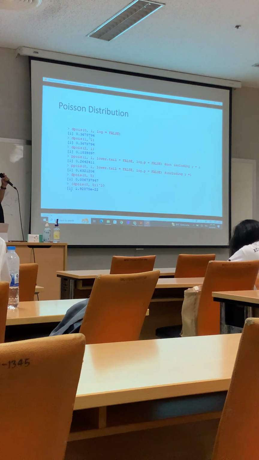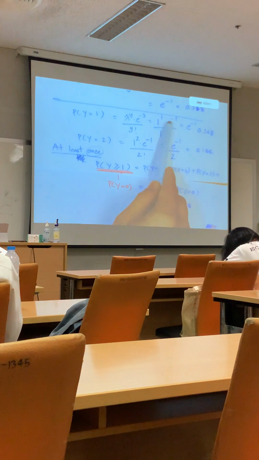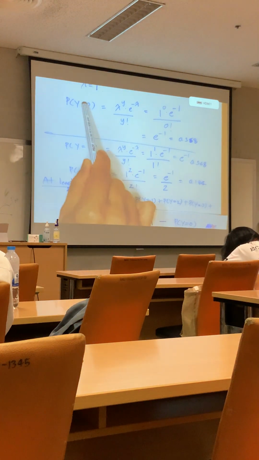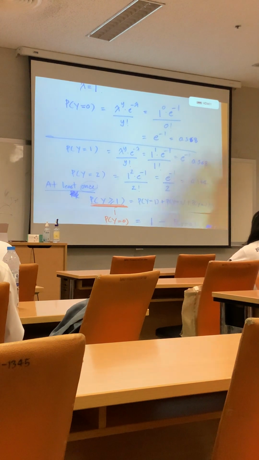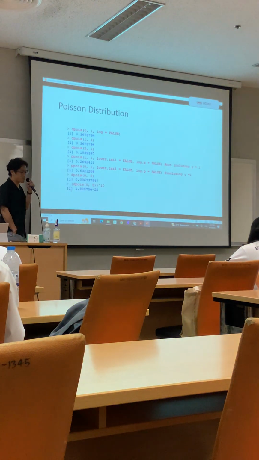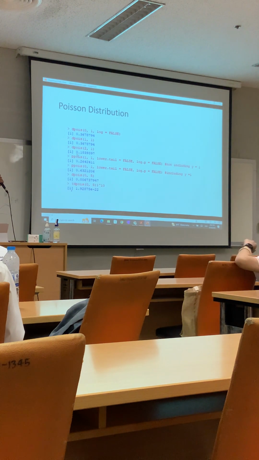You can see that we get the same answer as before, and we saw in our calculation already that p of y equal to 0 and 1 are the same, because it's equal to e to the power minus 1. As for the probability of y equal to 2, we specify again y is equal to 2 and lambda is equal to 1 using the Poisson, and you get 0.1839397. So the same answers.